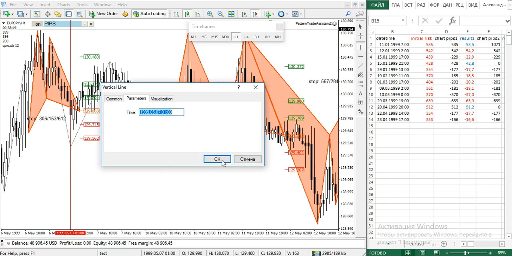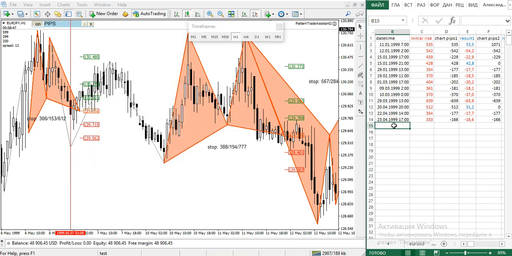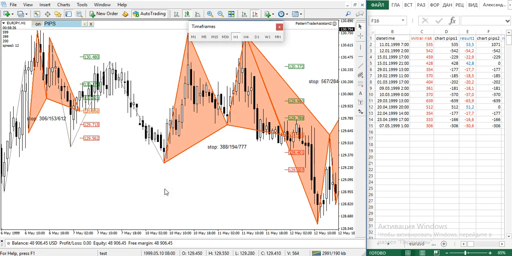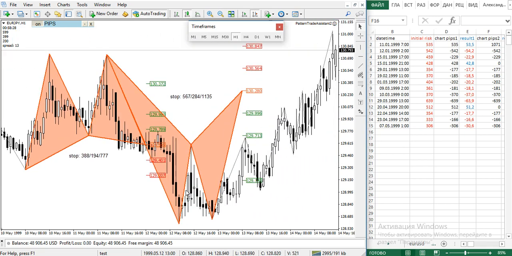Control C, Control V. So we have 306, and we have minus 306, and we have minus 306. Pretty typical for yen, I suppose, because for dollar yen I also had a very bad beginning. It was not very good.